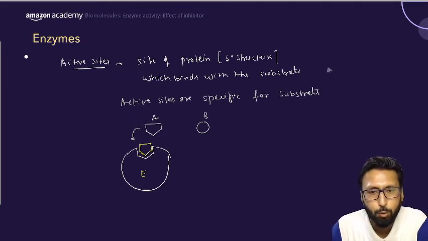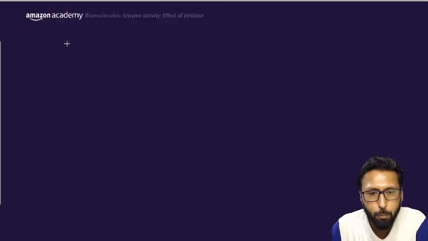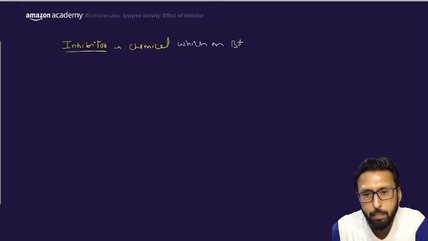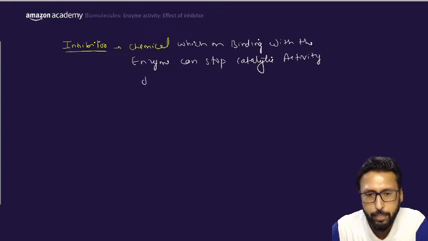Let me define it: inhibitors are the chemicals which, on binding with the enzyme, can stop the catalytic activity of the enzyme, that is, they will stop the enzyme function.